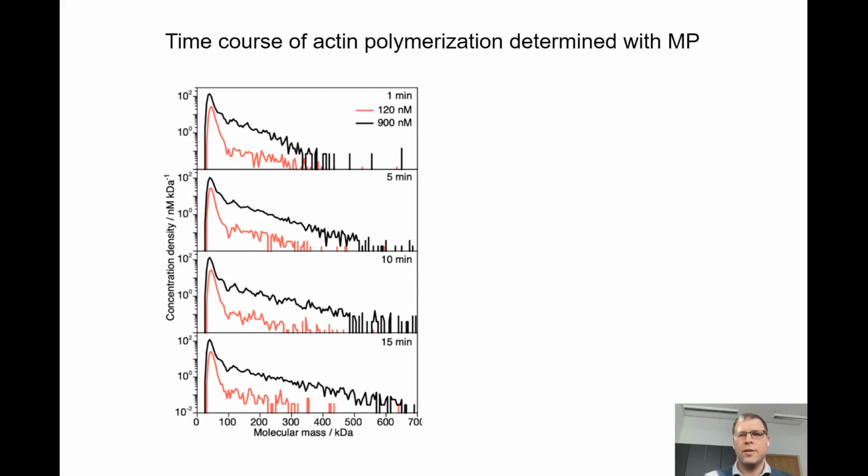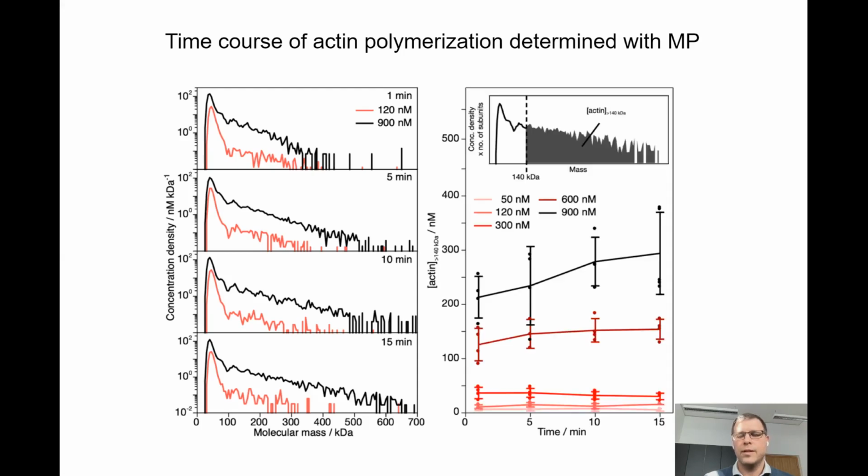But if you work above the critical concentration, the equilibrium shifts to larger molecular masses. And this can be crucially quantified by taking the area under the curve of this histogram. And as you can see, as I said before, beyond the critical concentration, you get growth essentially, and below the critical concentration, the mass distribution stays more or less constant.